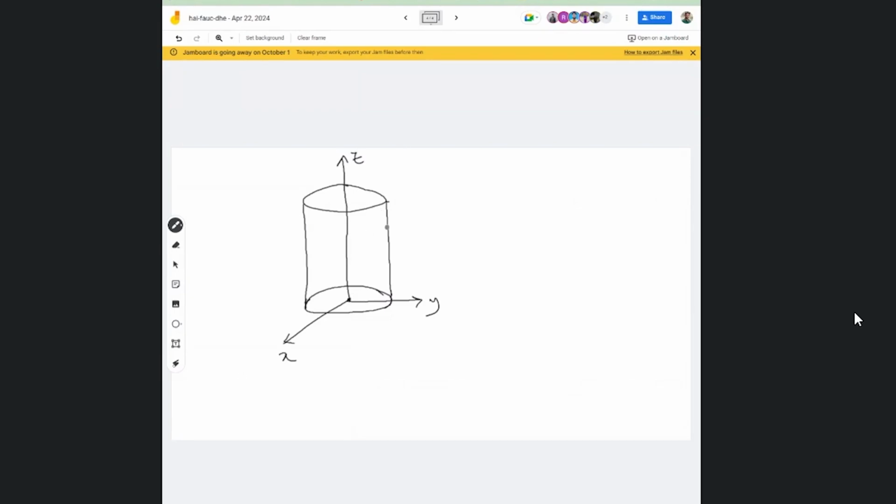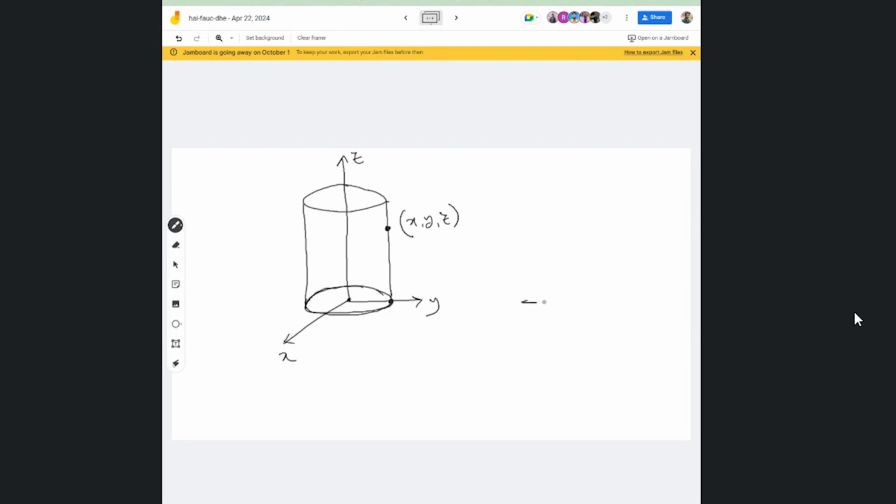So any point on the cylindrical surface can be defined by x, y, and z. That point in terms of cylindrical coordinate, if I consider the point here, that point is on this circle, right?